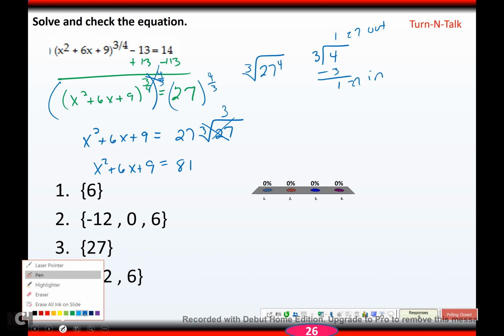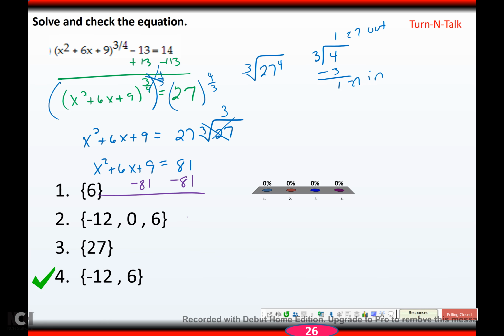I have a quadratic, so I've got to get 0 on one side. So minus 81, I get x squared plus 6x minus 72 equals 0. Factors of 72 that make 6 are 12 and 6.